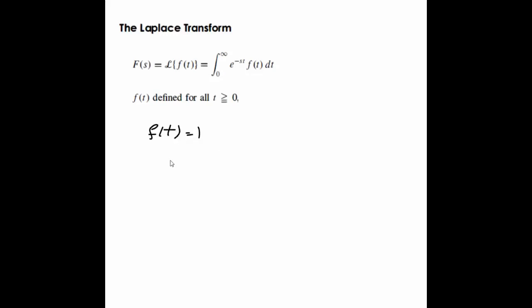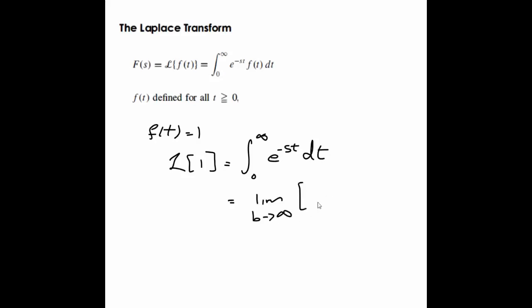Then the Laplace transform of 1 would simply be the integral from 0 to infinity of e to the minus st, and f(t) would be 1, dt. That's a very easy integral to calculate. Of course, it's an improper integral, so let's say b goes to infinity.